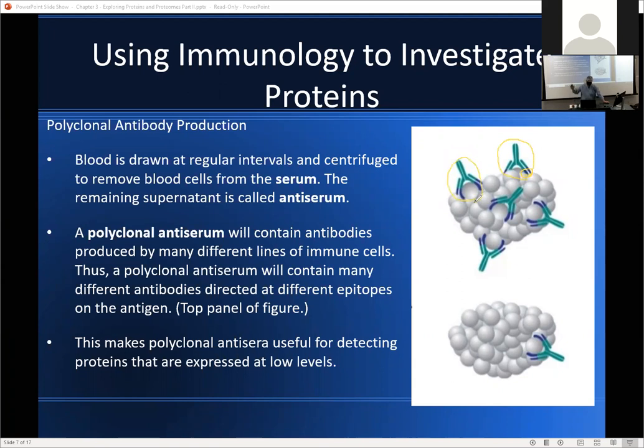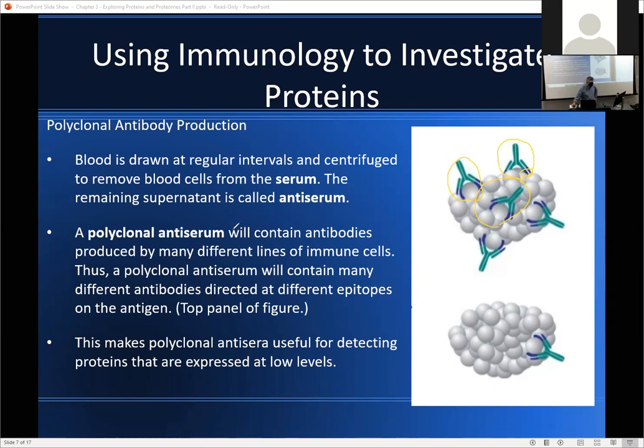Each B cell line is going to produce one antibody that recognizes one particular epitope. Okay, so if we have a polyclonal antiserum, we have lots of different antibodies from different cell lines that recognize lots of different epitopes contained on the protein that we immunize them with.